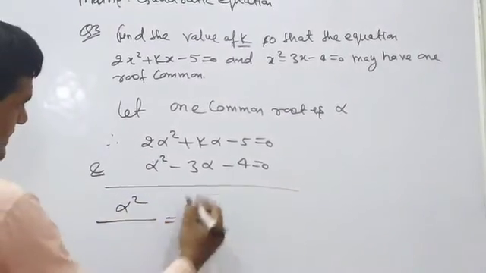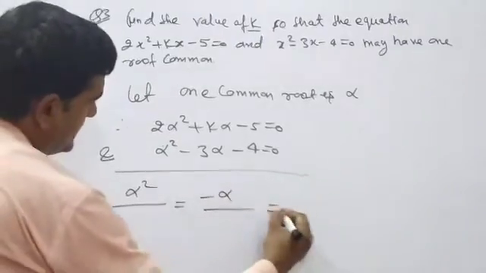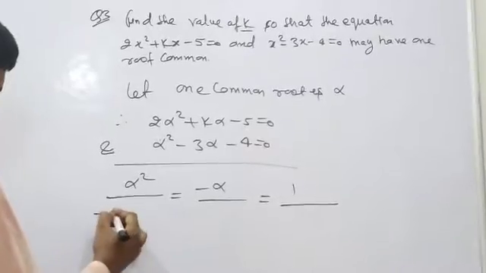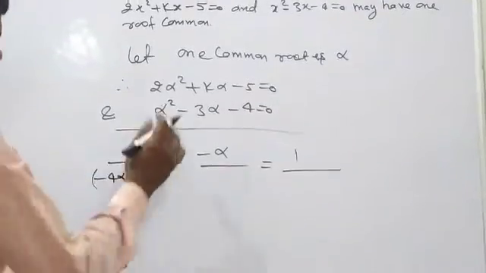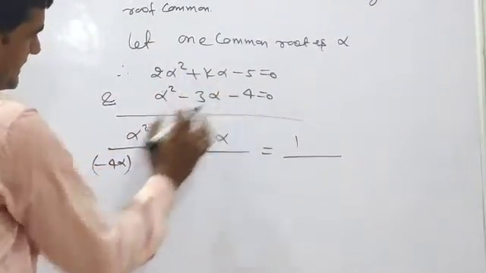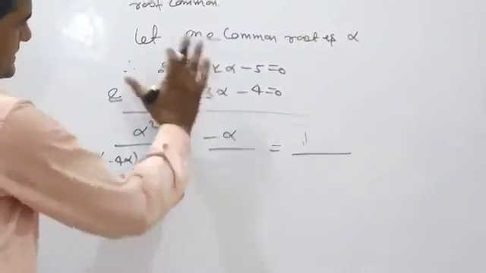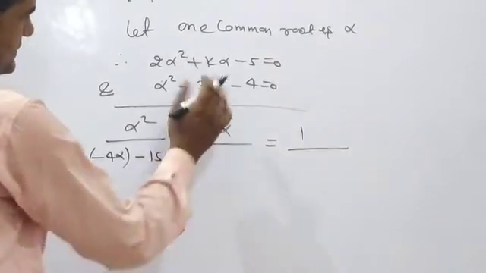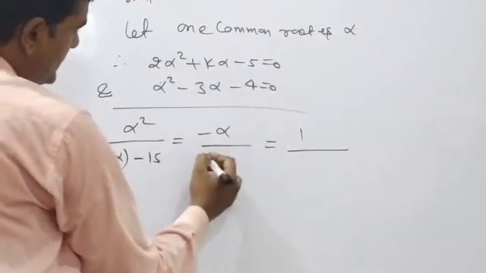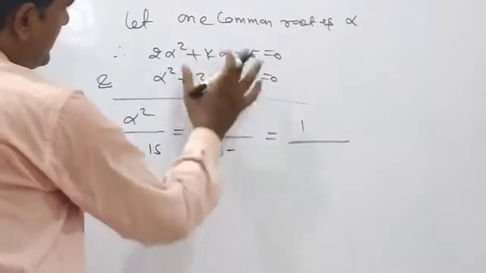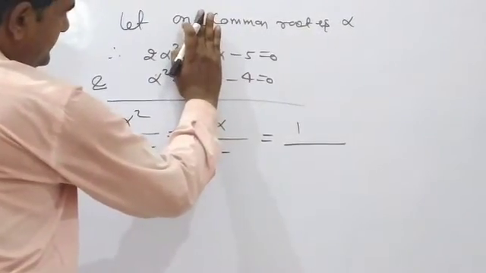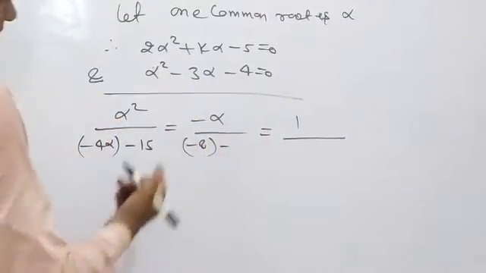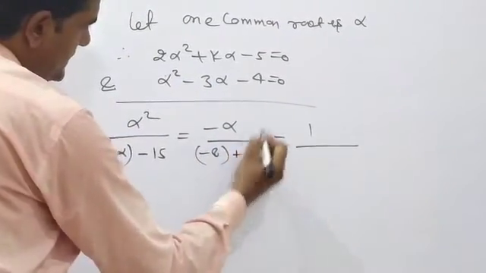Then alpha square, and here alpha, here 1. Clear? Alpha square means what? Minus 4k, cancel here, plus minus minus, and 3 into 5, minus minus plus, and here 15. Cancel here, 2 into minus 4 means minus 8, and here minus 5, which means plus 5.